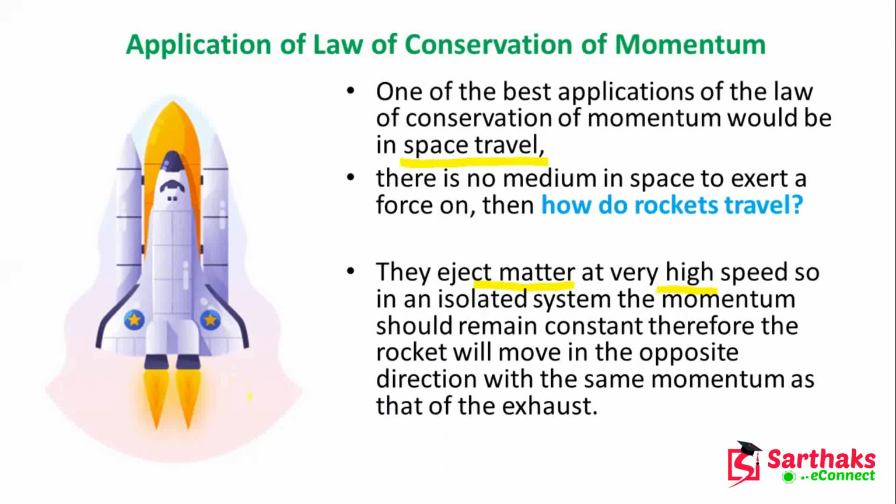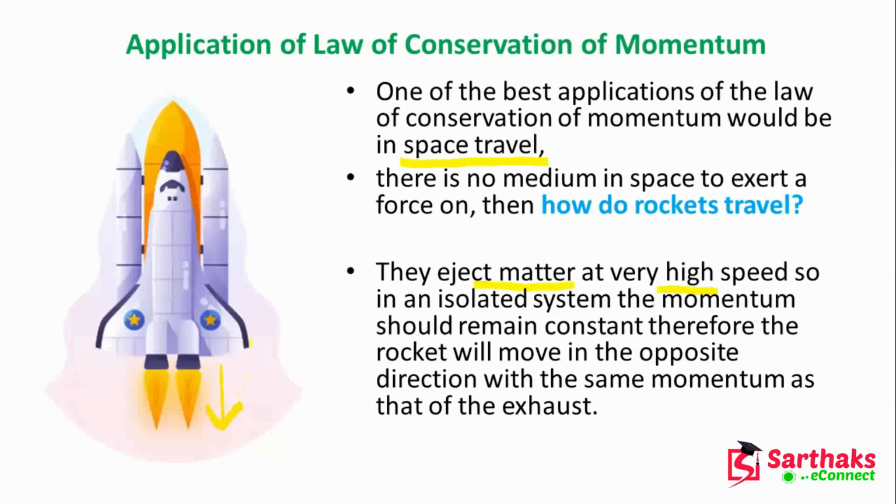So here you can see that whenever the rocket launches, the rocket will eject the gases here with a very high speed. And what it will do, actually this force, here you are applying this thing. Now, according to the conservation of momentum, that will be balanced. That means that will be constant.